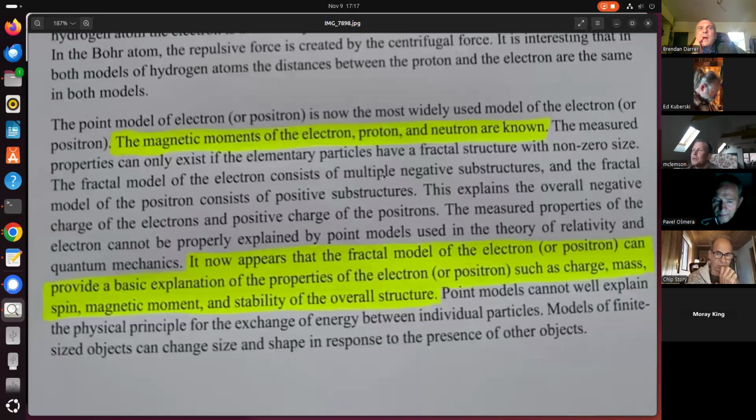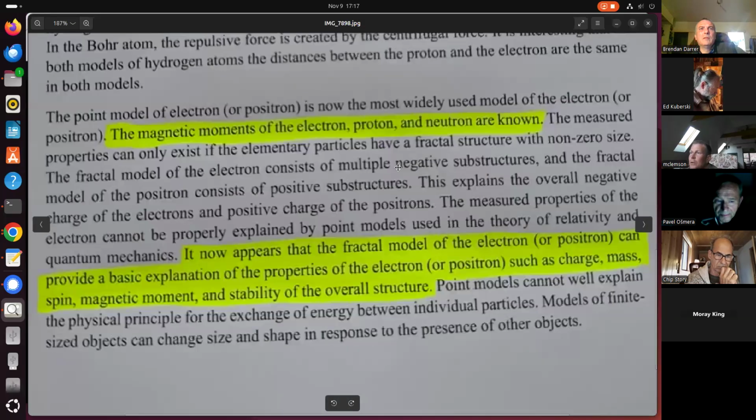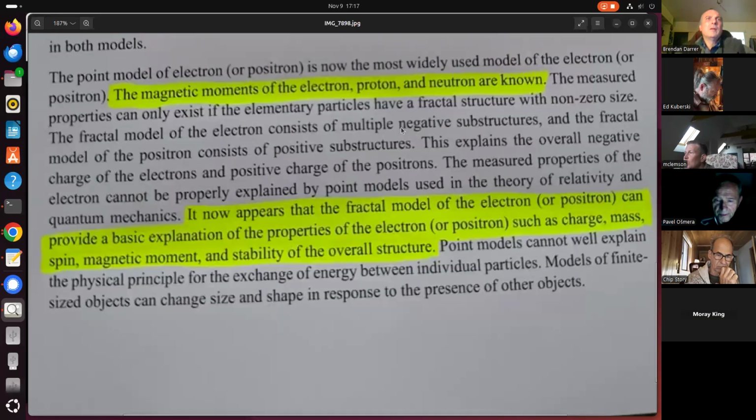The measured properties can only exist if the elementary particles have a fractal structure with non-zero size. The fractal model of the electron consists of multiple negative substructures, and the fractal model of the positron consists of positive substructures. This explains the overall negative charge of the electrons and positive charge of the positrons. The measured properties of the electron cannot be properly explained by point models used in the theory of relativity and quantum mechanics.